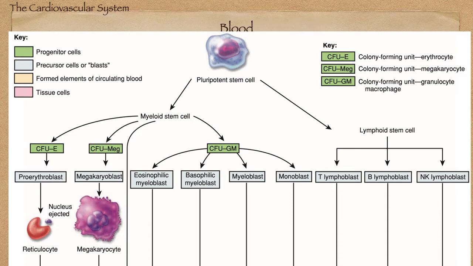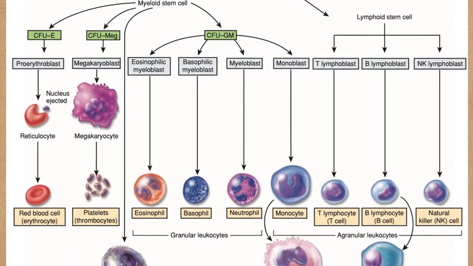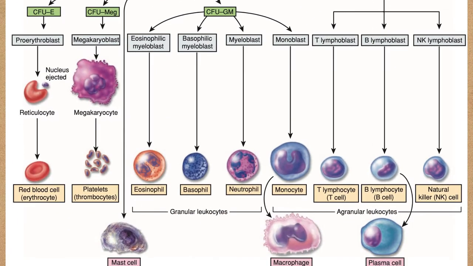So the first one, the lymphoid. Once the pluripotent stem cell differentiates into a lymphoid stem cell, it could also differentiate into a T lymphoblast, a B lymphoblast, or an NK lymphoblast. And once they mature, the T lymphoblast becomes the T cells or the T lymphocyte.